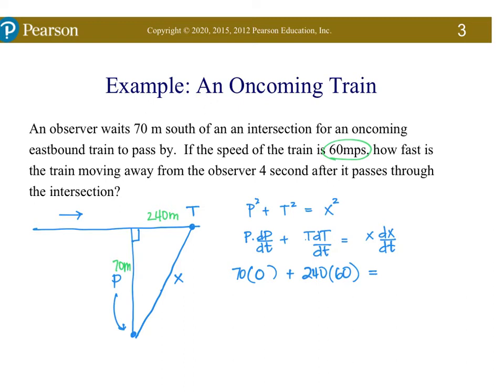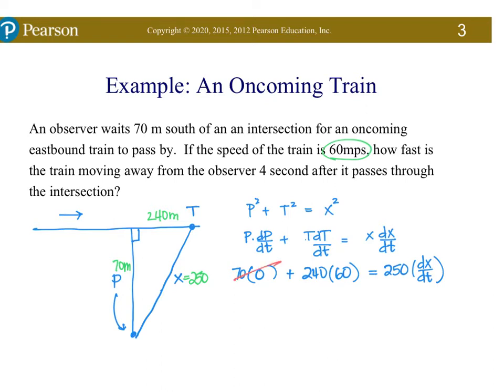And so a quick Pythagorean theorem tells me that the x value is 250. And then finally, dx dt is the rate we're looking for, how fast the train is moving away from the observer, and that's the measurement of x, which is the distance between the observer, the person, and the train. So that's the only thing we have left to find.